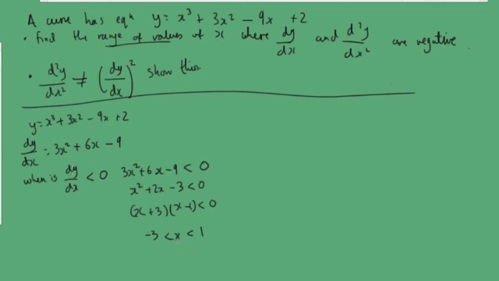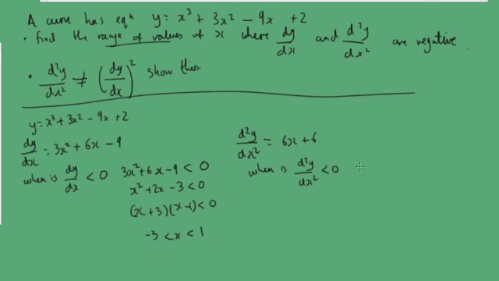So now we're going to take the second derivative. So we'll take this and differentiate it again, so we'll get 6x plus 6. And when is the second derivative less than 0?